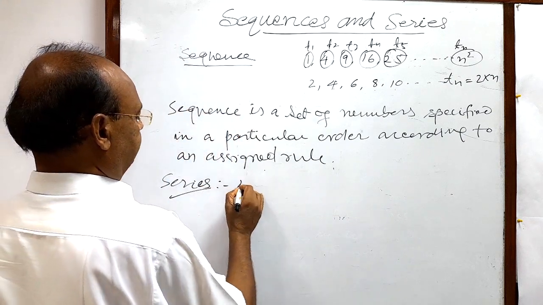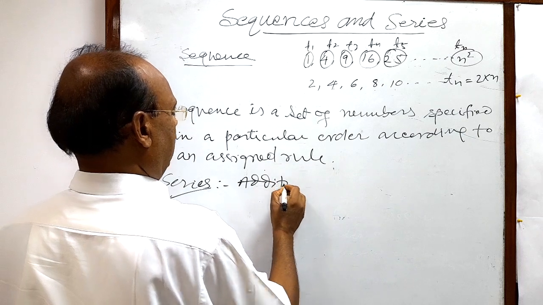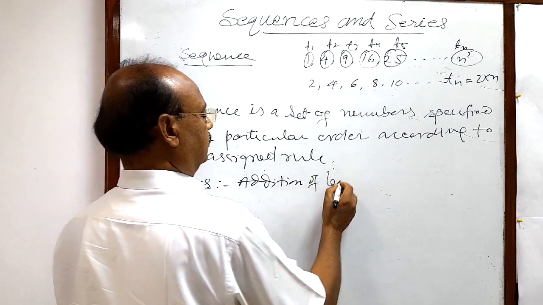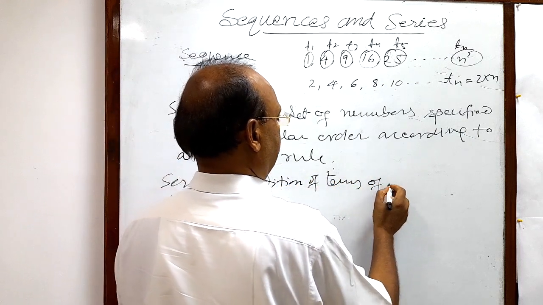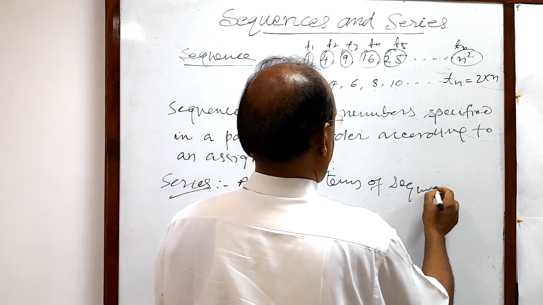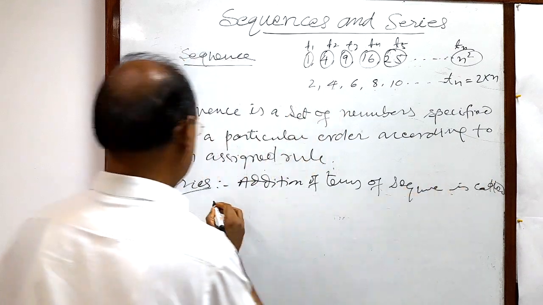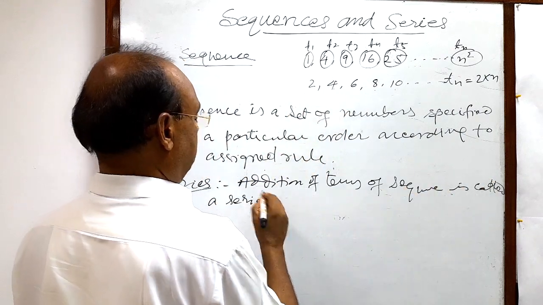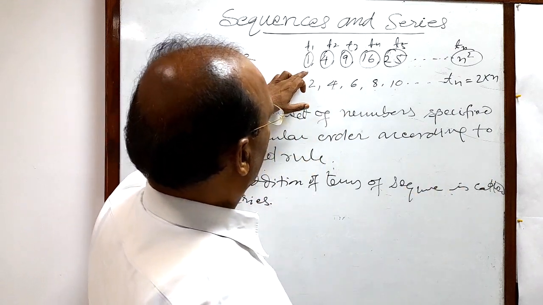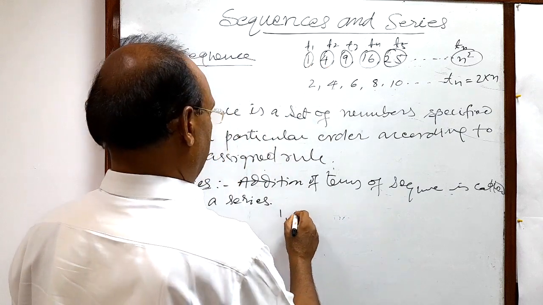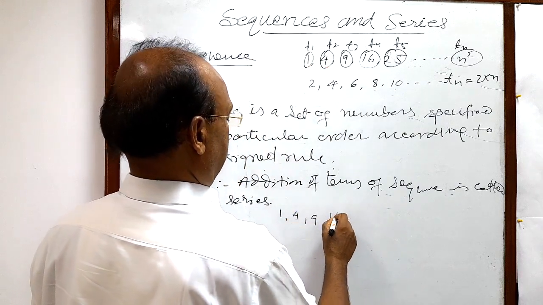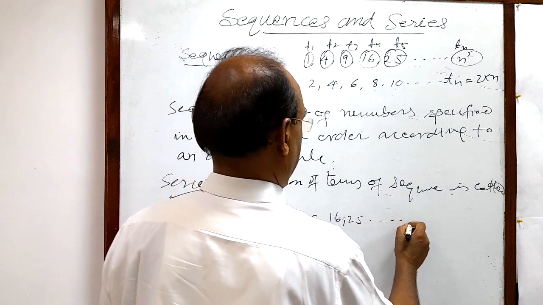Addition of terms of a sequence is called a series. As for example, here this is a sequence: 1, 4, 9, 16, 25.